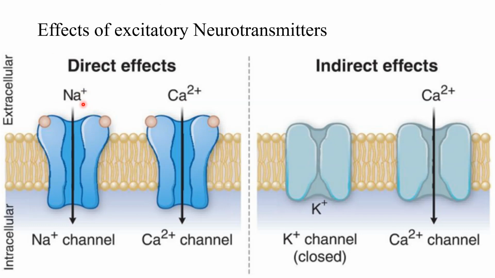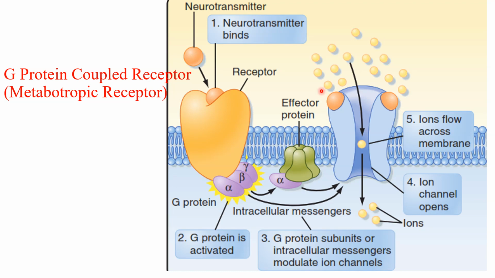Depolarization is either by opening of the sodium channel or the calcium channel, or indirectly by the potassium channel becoming closed. So it will cause the same depolarization, right? The calcium channel is opened by other means. With the G protein in the metabotropic receptor, binding of the receptor causes formation of activated G protein, which has different subunits. One of the subunits will cause opening of the ion channel, right? So it will take more time.